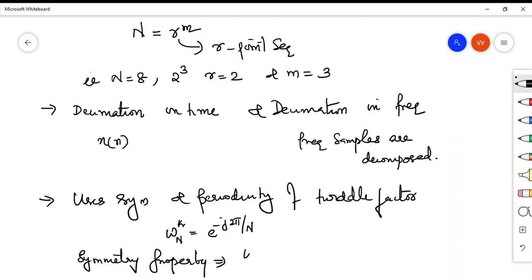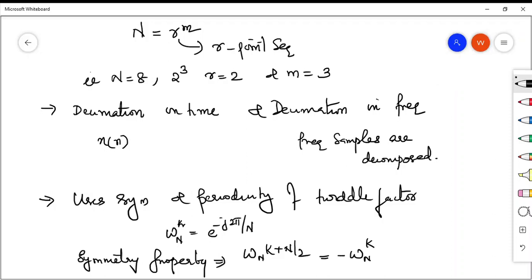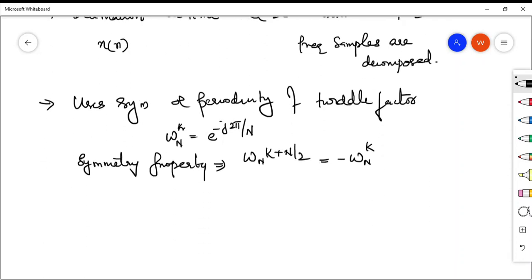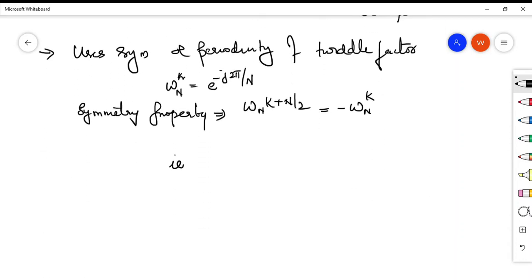The symmetry property means that W_N raised to k plus N by 2 can be equated to minus W_N raised to k. Imagine k is equal to 0 and it is an 8-point sequence, so it will take the 2-point sequence, so N will be equal to 2. So what will be W_N raised to k plus N by 2?